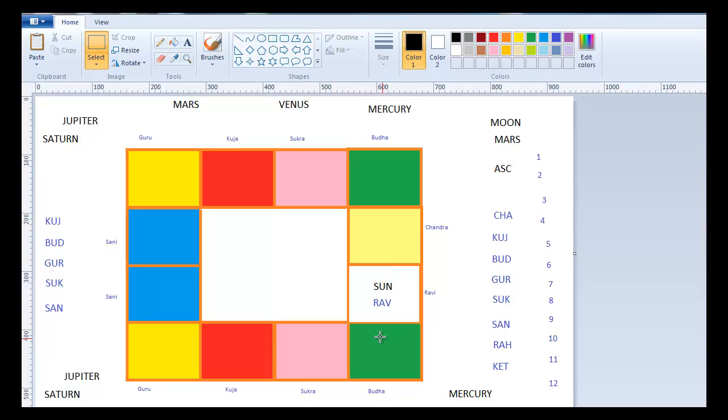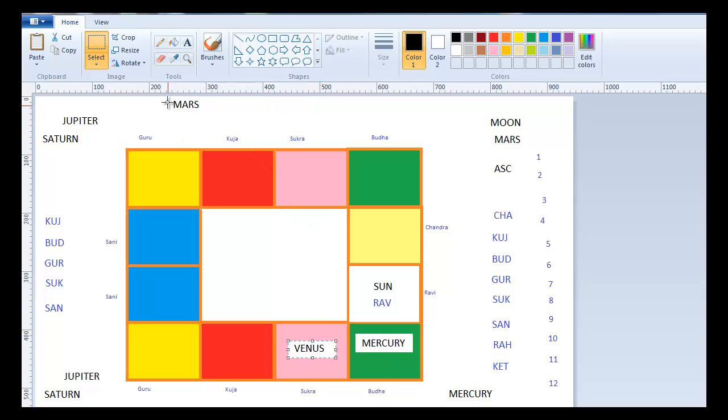Because you need to know who owns these houses over here. This sign is owned by the sun. So the next sign is owned by Mercury. How do you remember this? Mercury is the planet that is in the first orbit. And next to Mercury comes Venus.